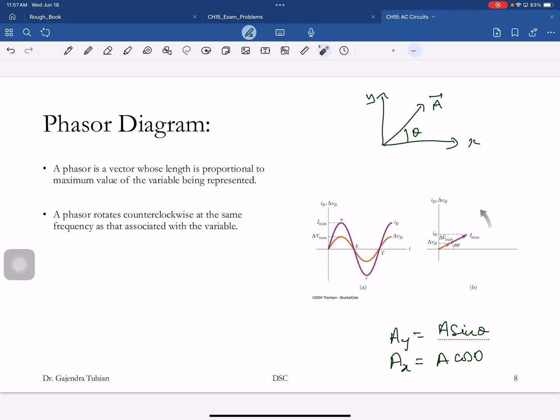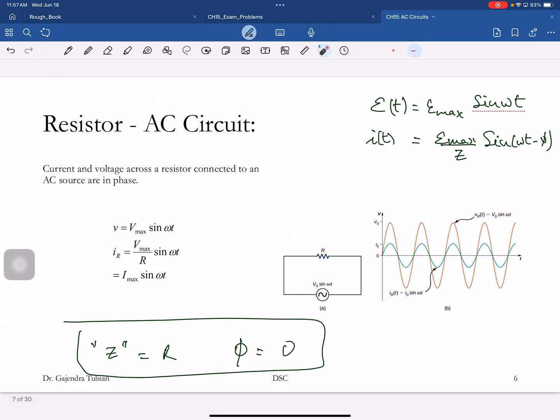Okay. So you see A is the magnitude of the vector and sine theta. So what does this voltage look like? You can think of that as the magnitude of a vector, and this is theta. What is happening to theta? As time increases, theta is increasing.